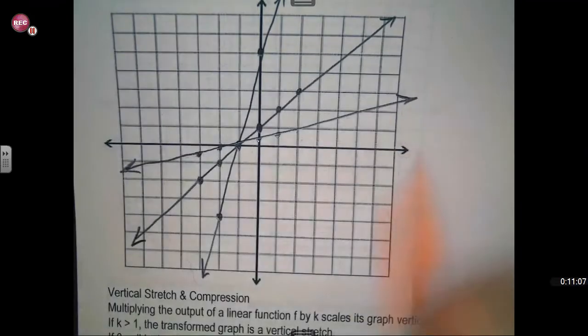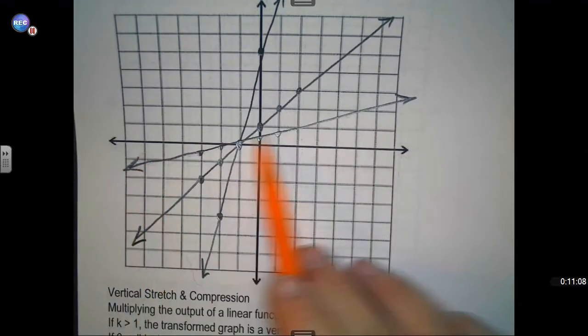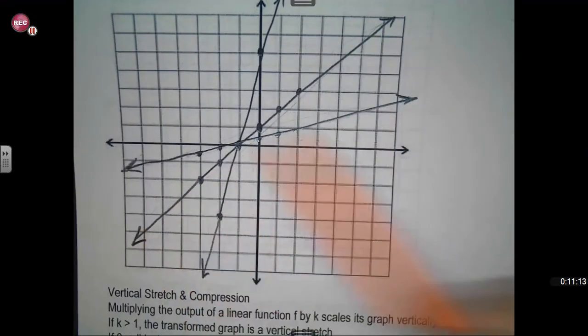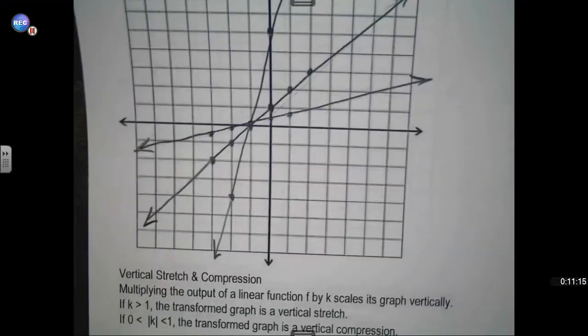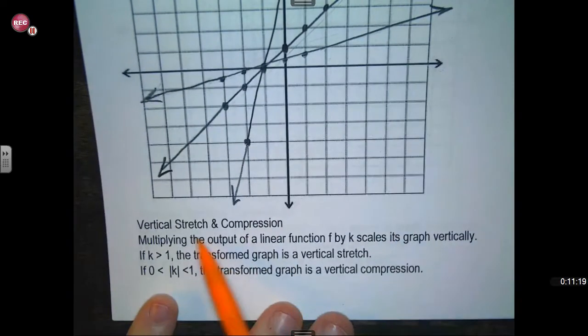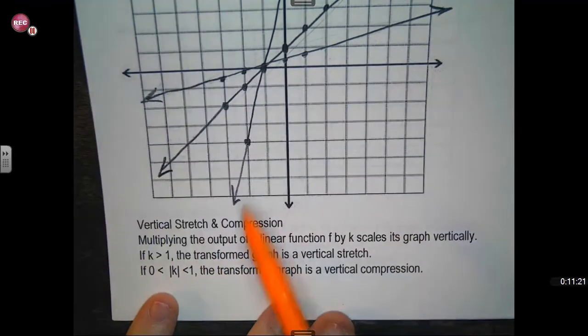this line, the one I just drew, is flatter than the original. And so what we want to see is that when we change the slope, we're actually looking at a vertical stretch or compression. So it changes the graph vertically.